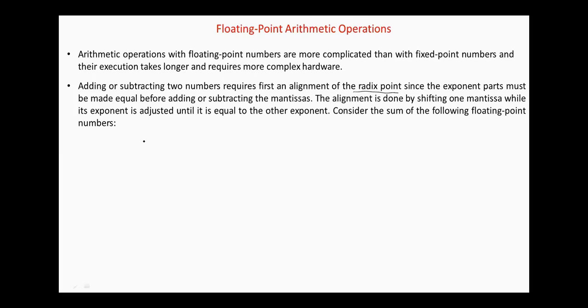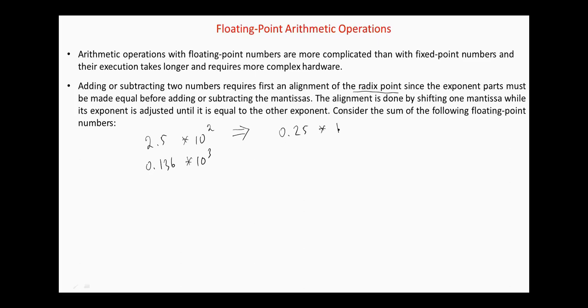Consider, for example, the two numbers 2.5 multiplied by 10 to the power 2 and 136 multiplied by 10 to the power 3. If we choose this number with this exponent, it's equivalent to 0.25.